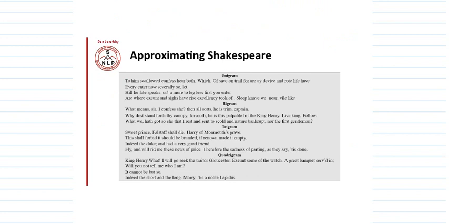This is from Shakespeare, so those who have read the poetry may recognize these kinds of sentences. In the case of quadrigram, we see: King Henry what, I will go seek the traitor. As we move towards higher n-grams, we see that the language is improving a little bit, right? This is in the Shakespeare corpus.